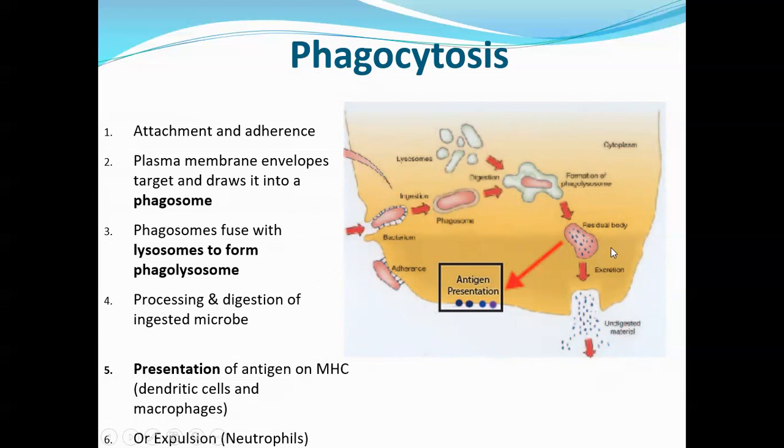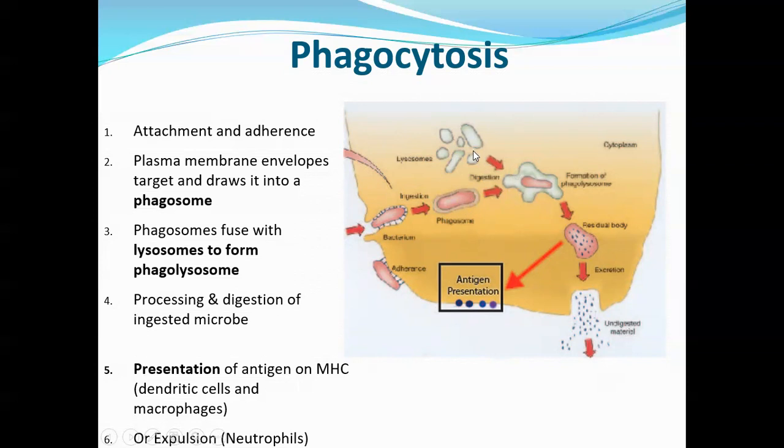Within the cytoplasm of this phagocytic cell, you have pre-existing vacuoles, which are called lysosomes, which contain various proteolytic enzymes. As the bacterial cell, enveloped within what we call a phagosome, shifts through the cytoplasm, the phagosome will fuse with one of these lysosomes.